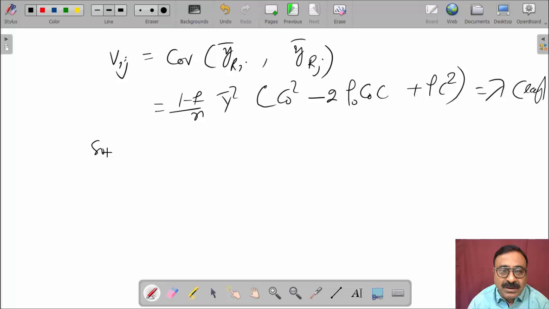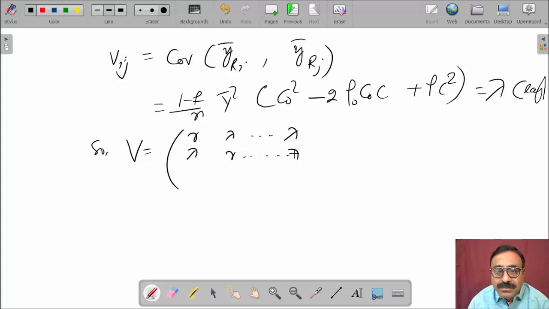So V equals a matrix with R on the diagonal and lambda elsewhere: all the diagonal elements are R, that is the variance of the ith auxiliary variable, and off diagonal elements are lambda.